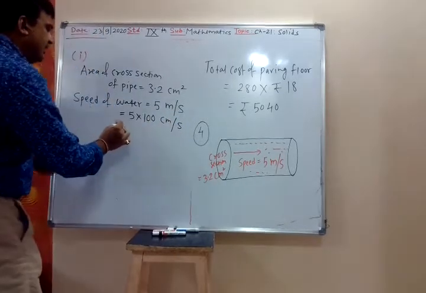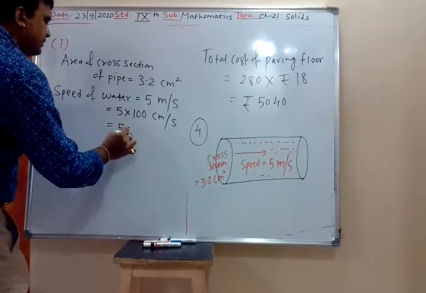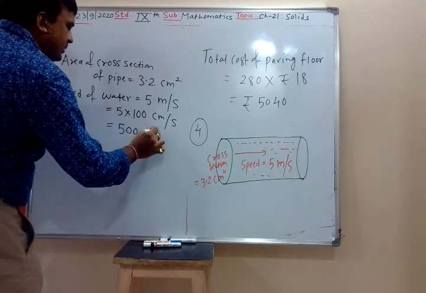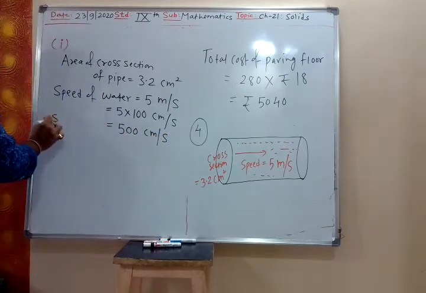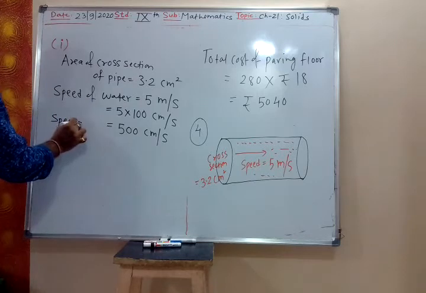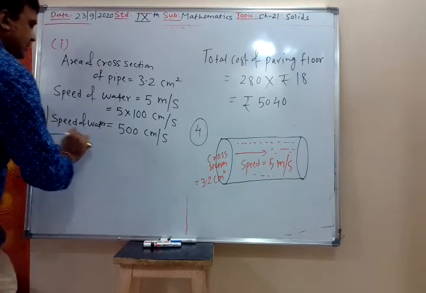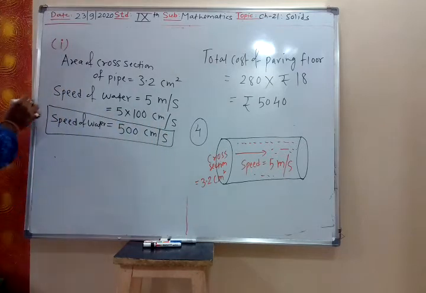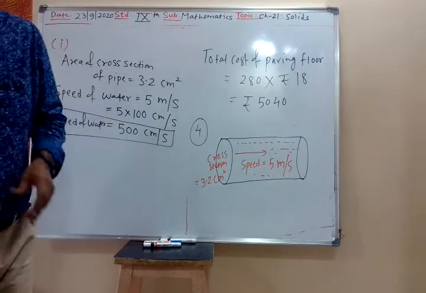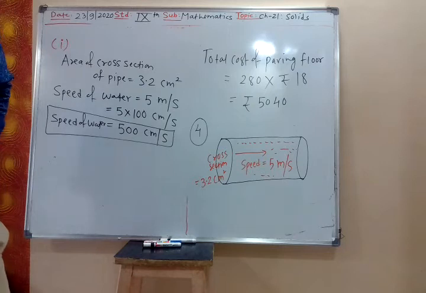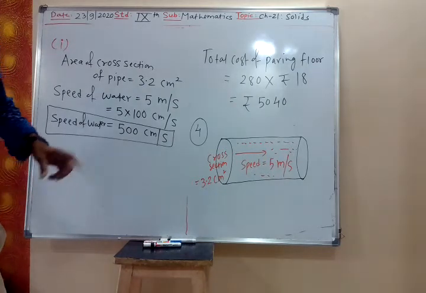So the speed of the water becomes 500 centimeter per second. Is it clear? Speed of water is 500 centimeter per second.